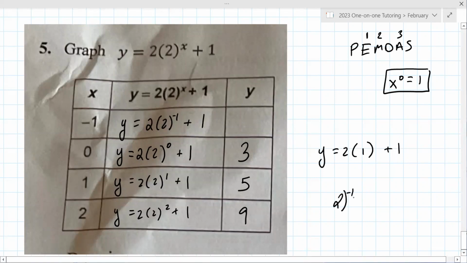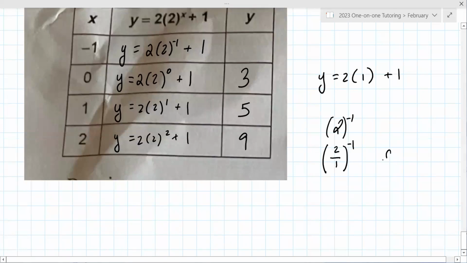And what it is, let me actually do it like this. 2 is really 2 over 1. And then the minus 1 power, it's a flip. It's a flip inside the parentheses. So you flip and it's 1 over 2 to the power of 1.